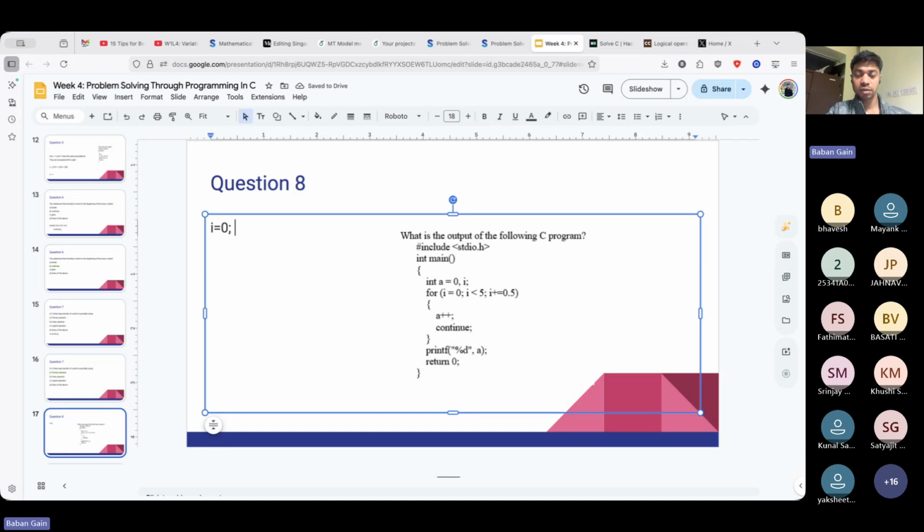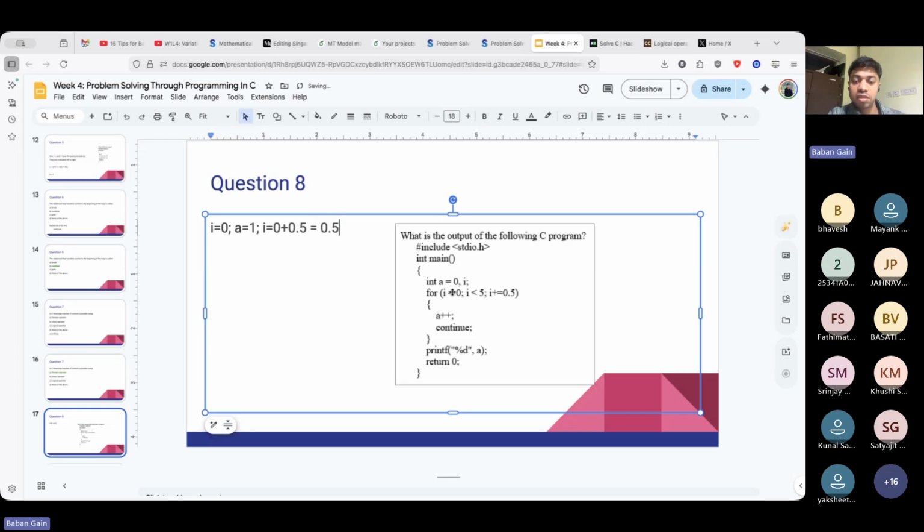So a will become 1, because a is only 0. Then it will go to the next part. Before that, it is i plus equal to 0.5. So i is 0 and 0 plus 0.5 is 0.5.